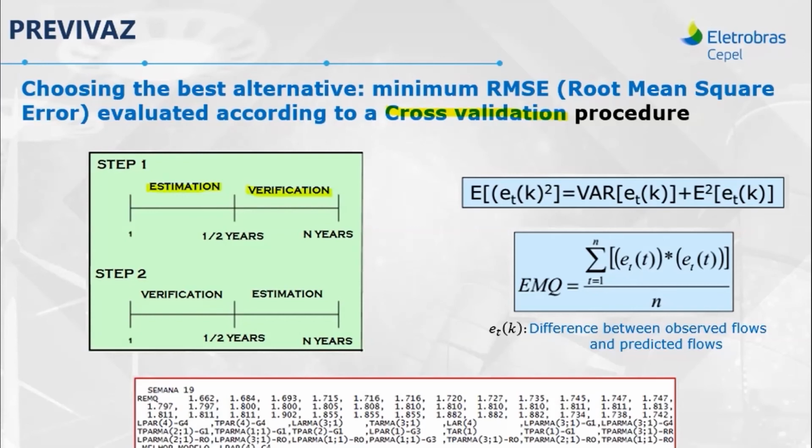After that, the model estimates the parameters based on the second half of the dataset and calculates the error using the first half of the historical dataset. Finally, the model takes the average error of the two subsets. The alternative that has the lowest average error is selected for that week.